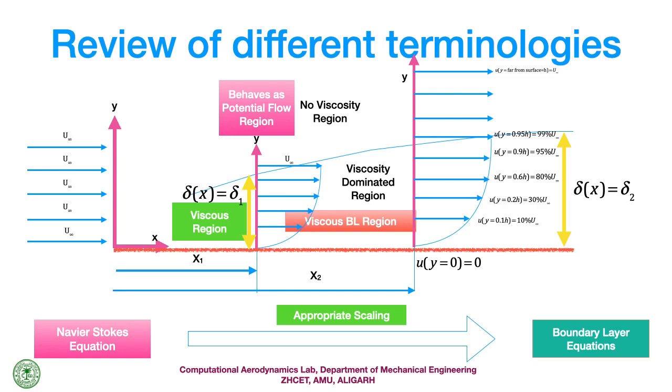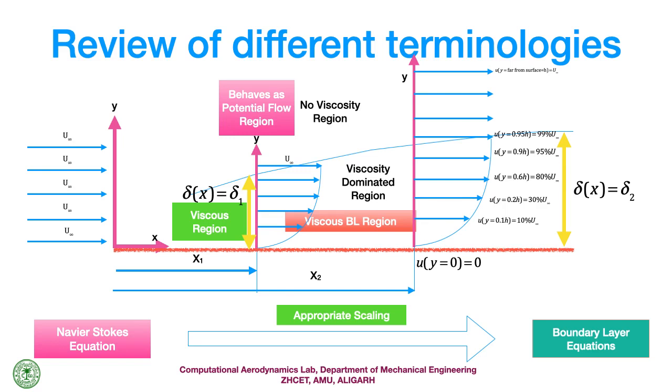So the first thing which comes into play is the boundary layer. The boundary layer is shown by this light blue line over here, and it demarcates the viscosity dominant region and the no viscosity region.